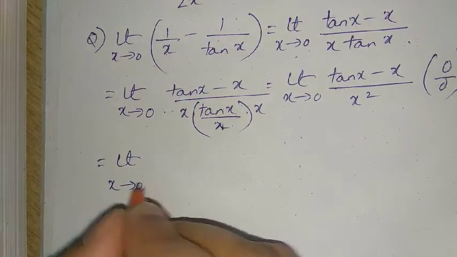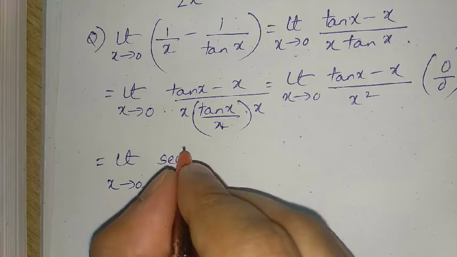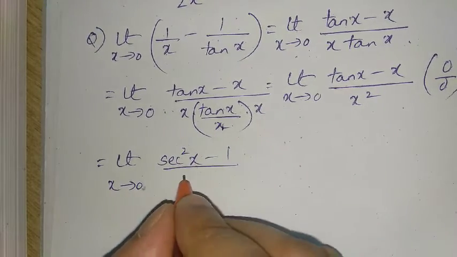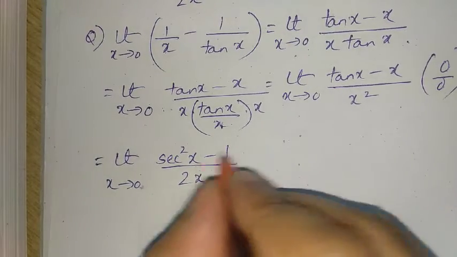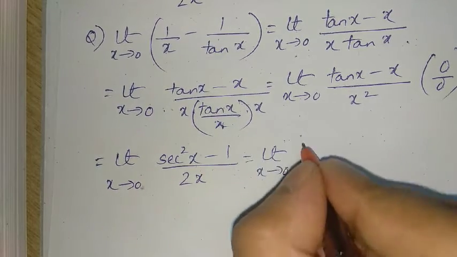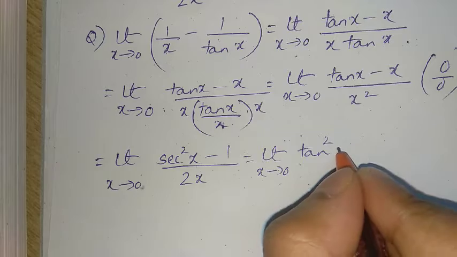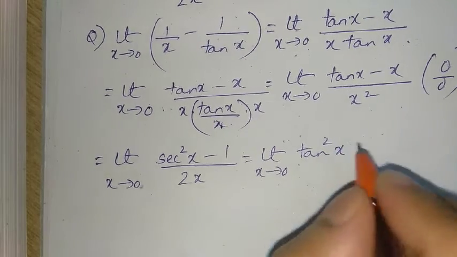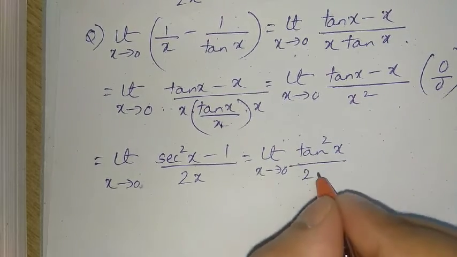Limit x tends to 0, the derivative of tan x is sec square x, and here we will get 2x. Okay, so sec square x minus 1 is nothing but tan square x. Trigonometric relations like this you need to remember: tan square x divided by 2x.